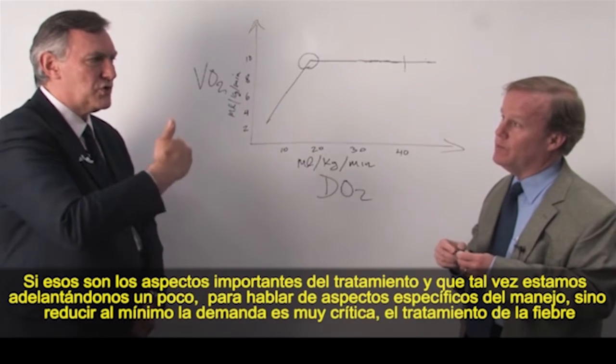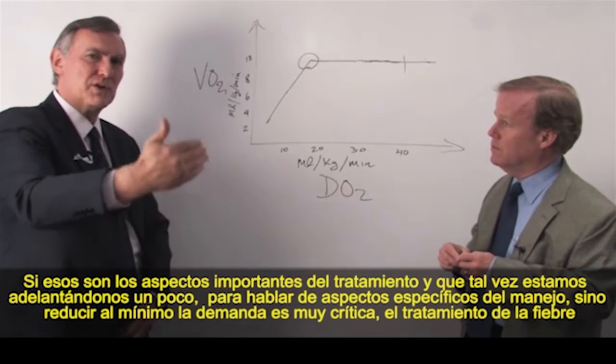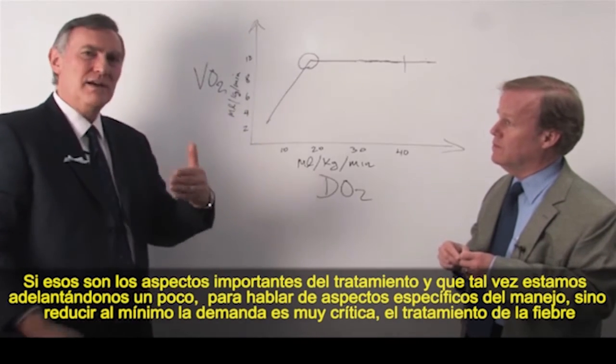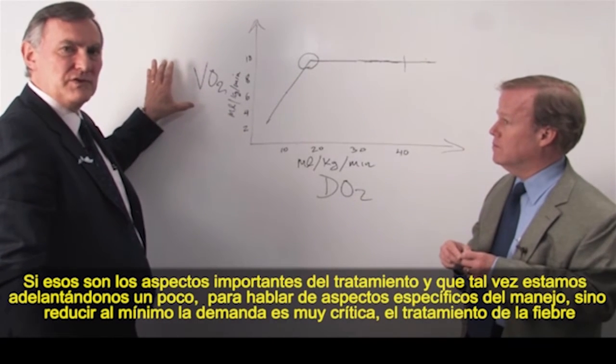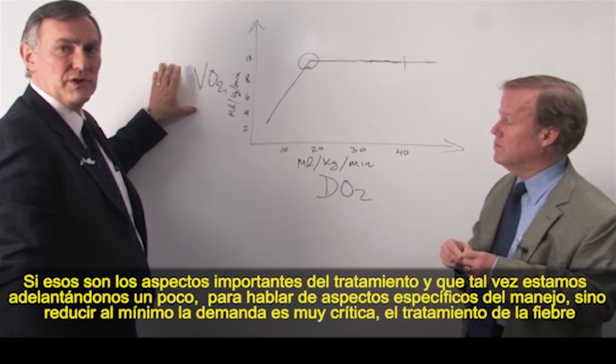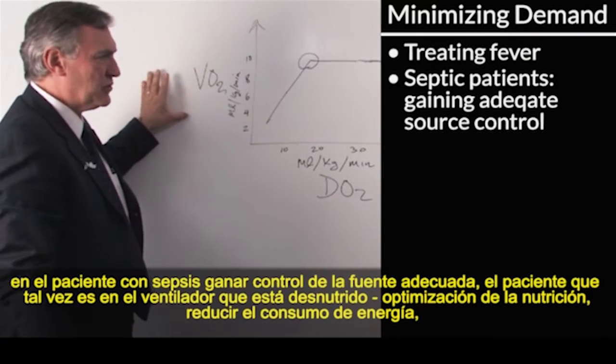Yes, those are important aspects of treatment, and we're perhaps jumping ahead a little bit here and talking about specific aspects of management. But minimizing the demand is very critical. Treating fever. In the patient with sepsis, gaining adequate source control.